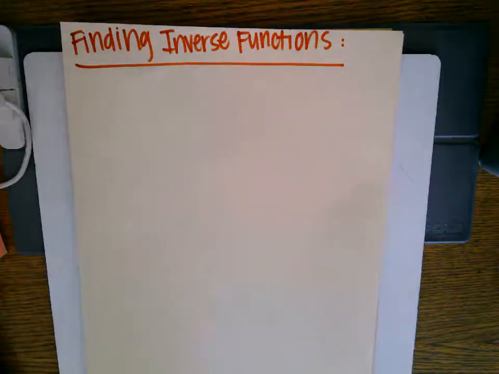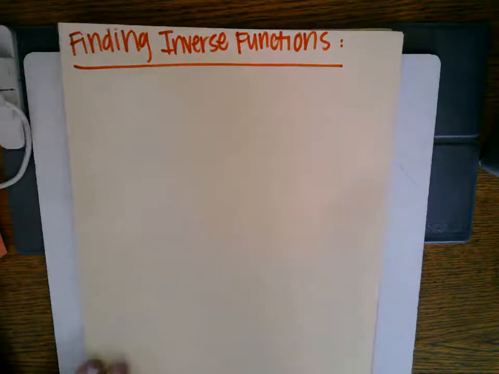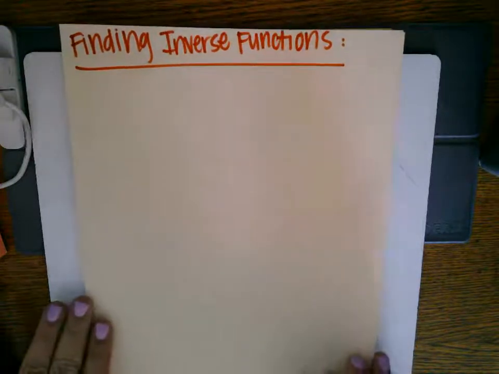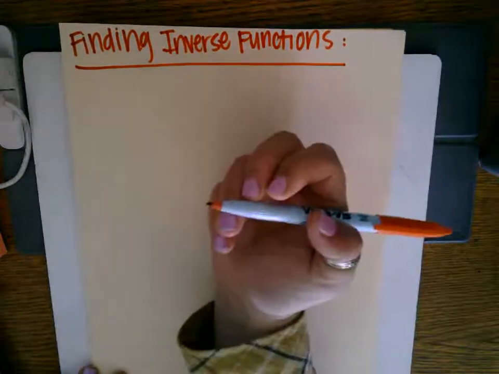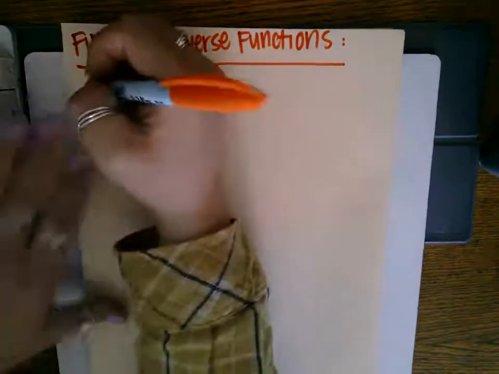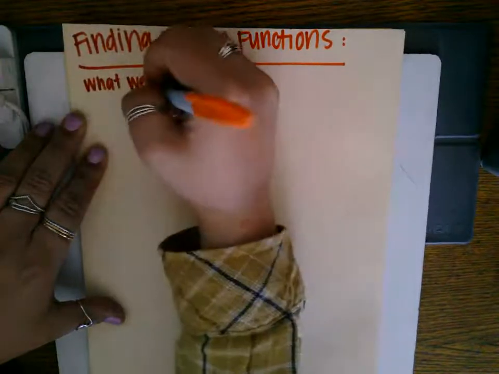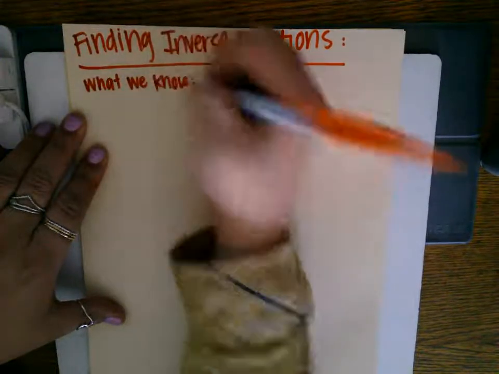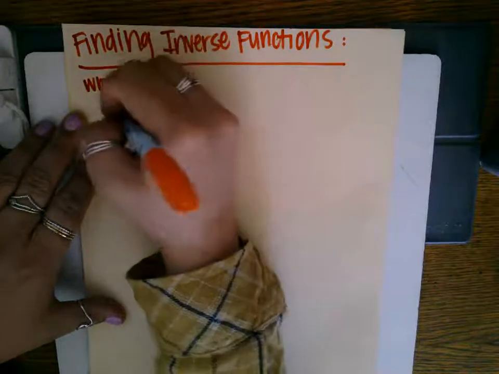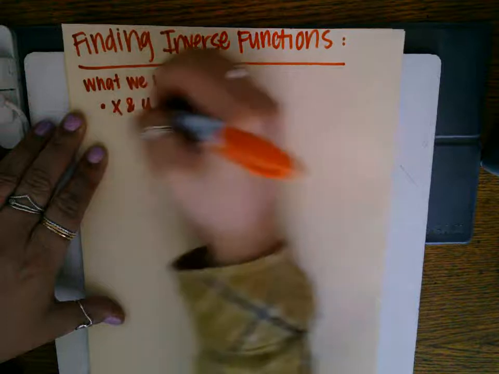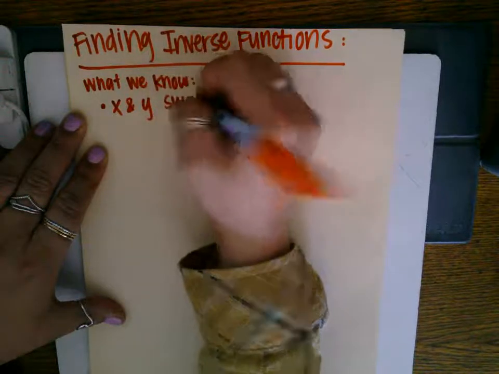Before we hop into actually finding inverse functions, it's important that we recap and think about the things that we know about inverse functions. I'm just going to make a little list of key things that we know about inverses. What we know about functions that are inverses is that x and y swap places.